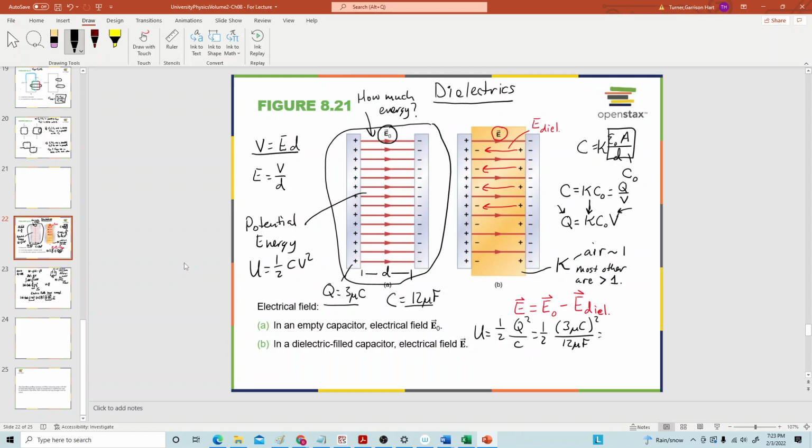So 12 divided into 9 is 0.75, right? And then you're cutting that in half. So 0.375 microjoules.